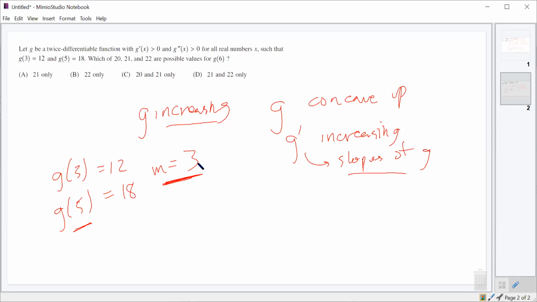So that means that g of 6 has to be greater than 21, because if we only went up exactly 3 units, we'd be at 21, but we know we had to go up more than 3 units as we went over 1 unit from 5 to 6. So g of 6 has to be greater than 21. The only option there that includes numbers greater than 21 only is B, 22 only.